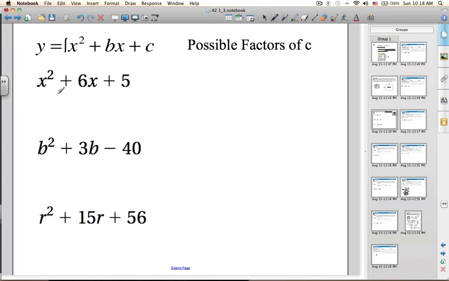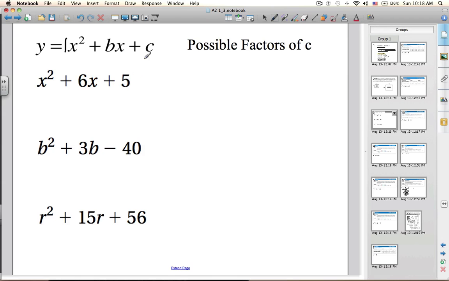I can keep changing the value of x, but the value of this final term in my trinomial will never change. It will remain constant. Its value isn't related to what value I've selected for x. Whereas with this term, as I change x, the value of this term will continually change.